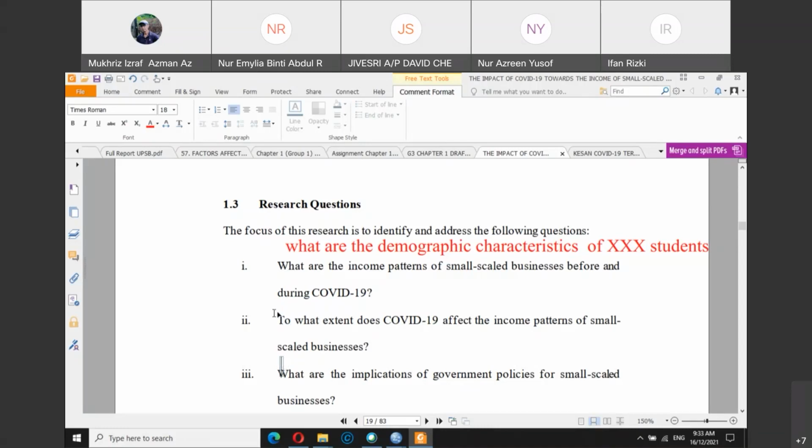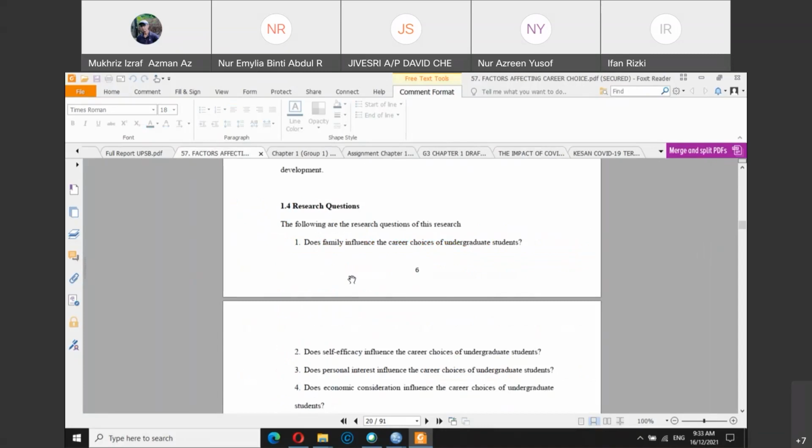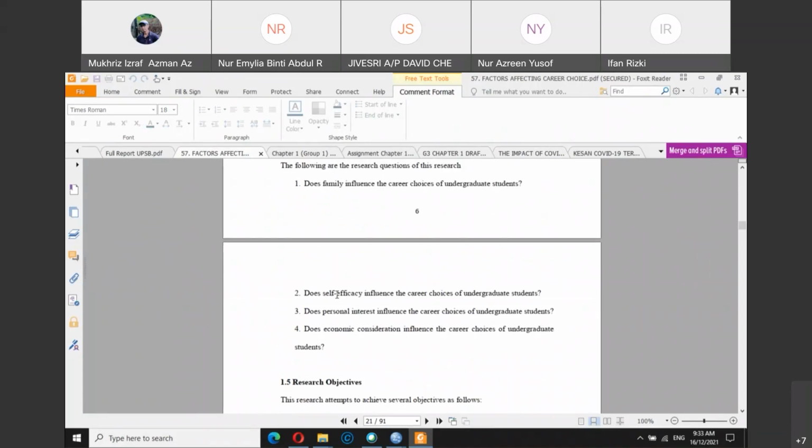So if you look at thesis number 57, does self-efficacy, does family influence the career choice?